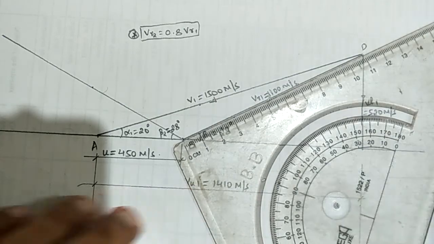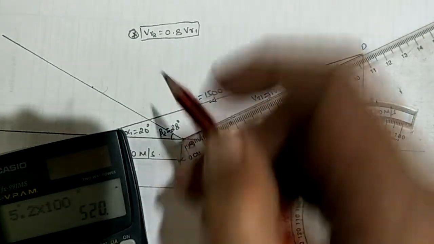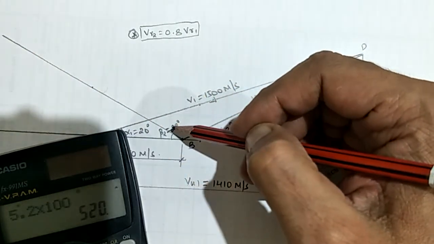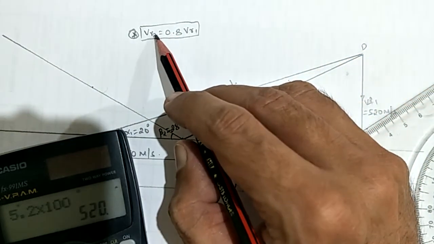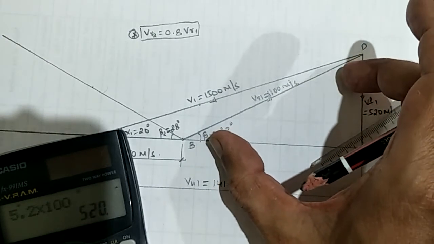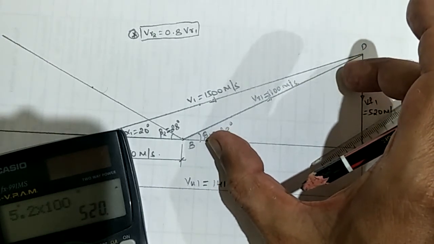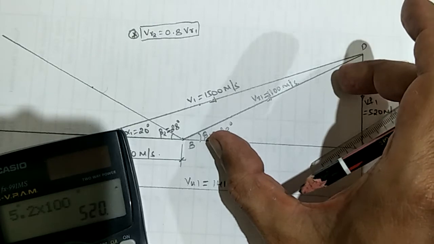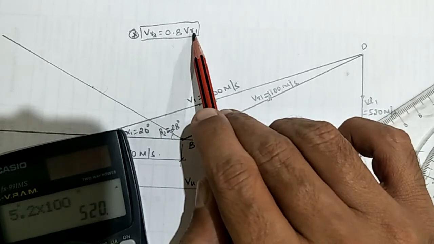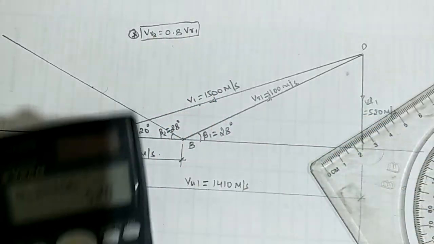This line is the VR2 line, and I want the length of this VR2. So how am I going to obtain it? Initially measure VR1, which is 11 centimeters. Then 11 centimeters into 0.8 will give you VR2.